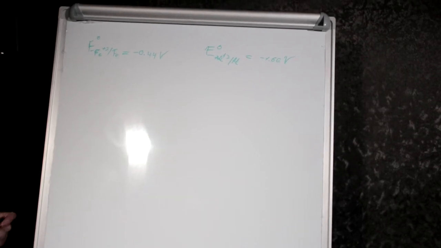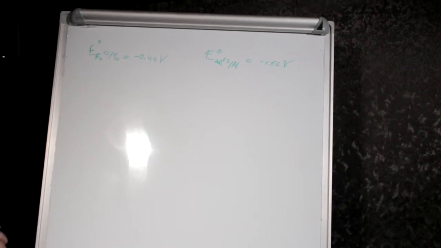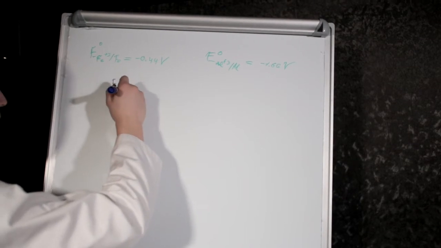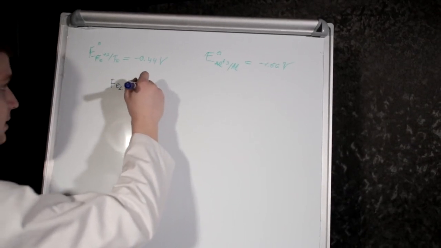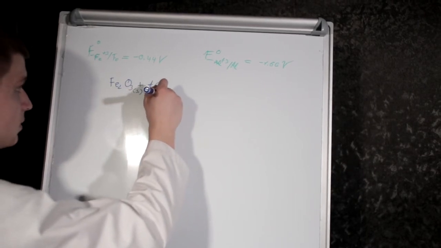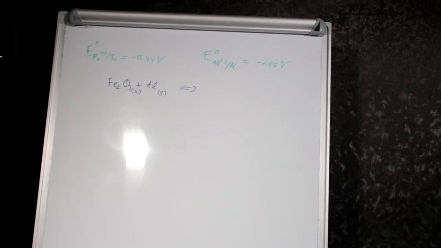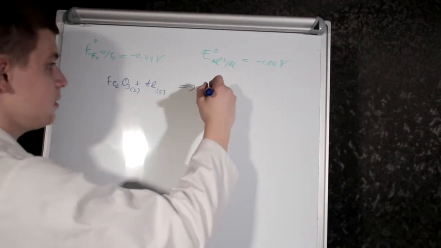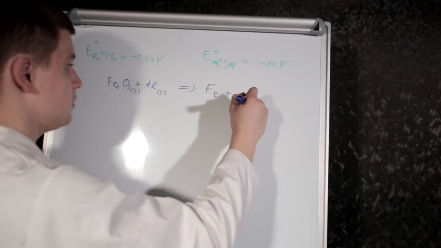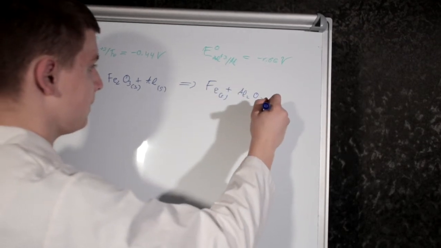Okay, so the equation that described that process was Fe2O3 plus aluminum metal, solid and solid again, is equal to iron plus Al2O3, which both are solid as well.